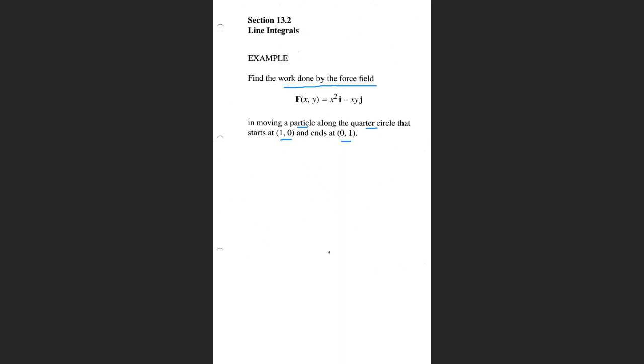Of course, since we need to find work, we are looking to find the line integral for this vector field. And of course, we recognize what that means.